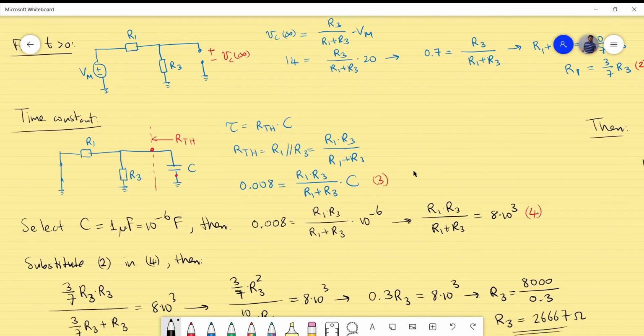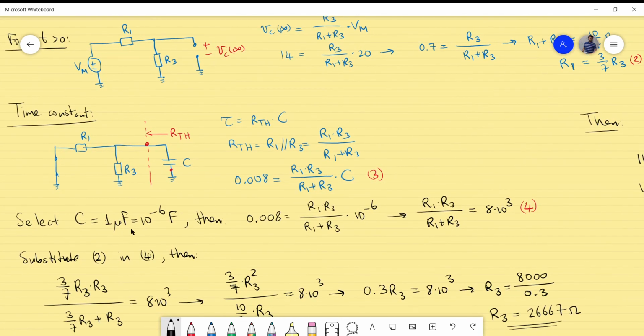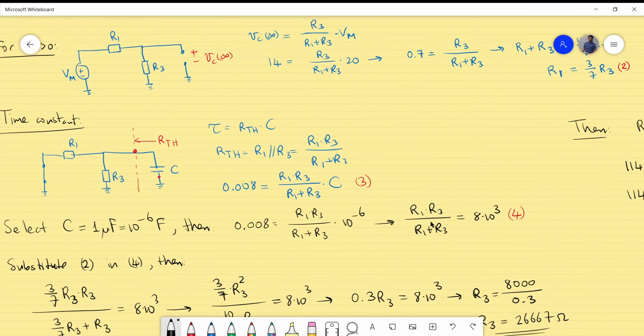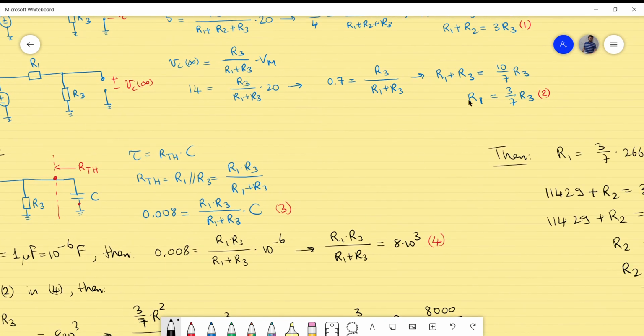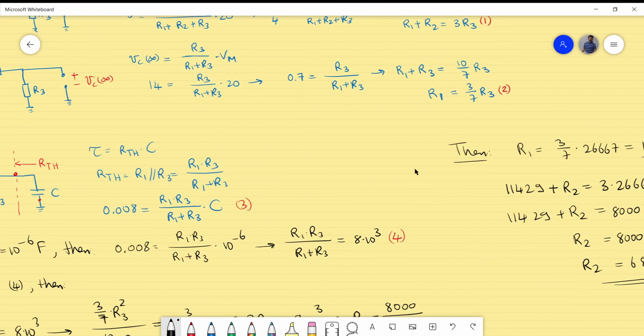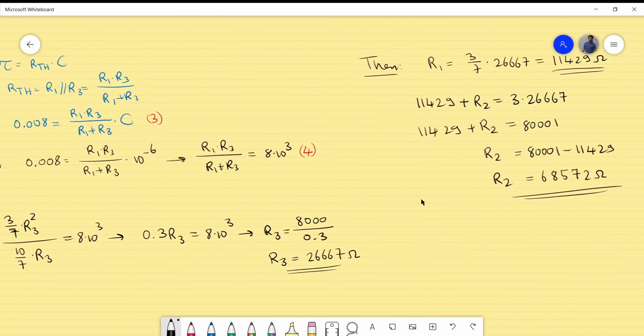We select the capacitor, 1 microfarad, and use that first in this equation to set up a new equation with 2 unknowns. These 2 unknowns are also in another equation, so I use these 2 equations to determine one of the unknowns, and if I know one of the unknowns, I can back substitute to determine the others, and I will come up with all of the required component values.